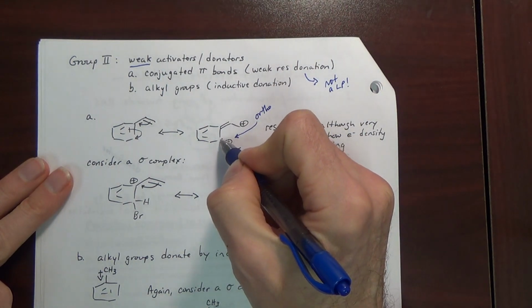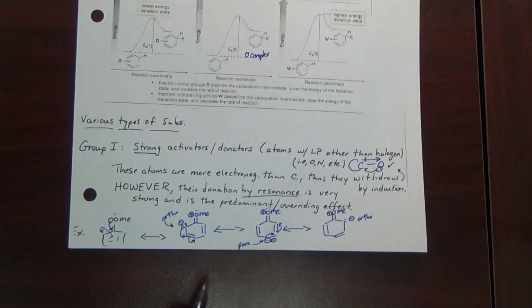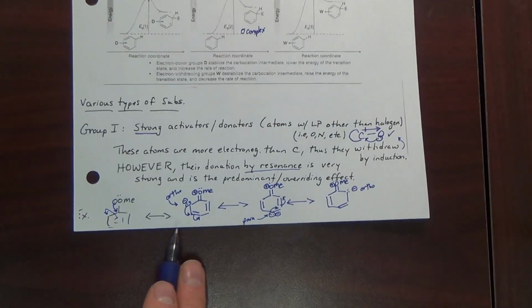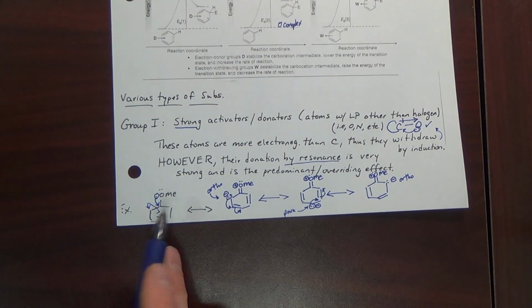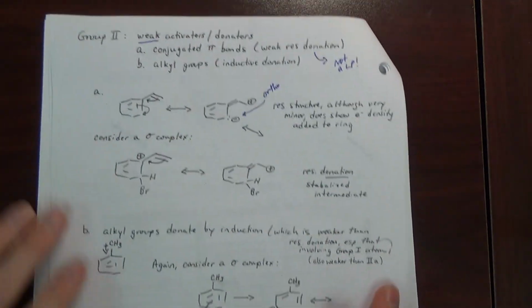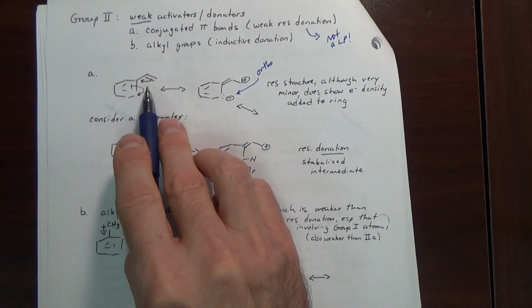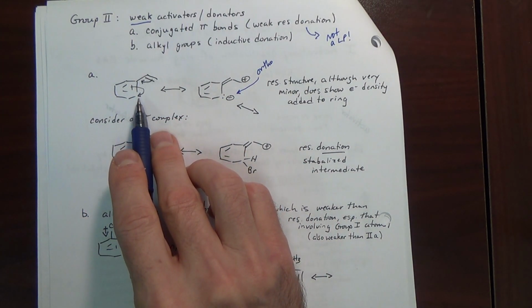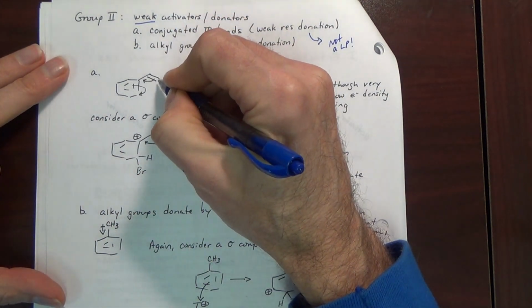At this point we can just move electrons around the ring very much like we did here. Here though, we started with a lone pair on the existing group. Here the existing group doesn't have a lone pair, but instead has a pi bond. It's particularly an alkene, because you wouldn't want this to be a carbonyl.